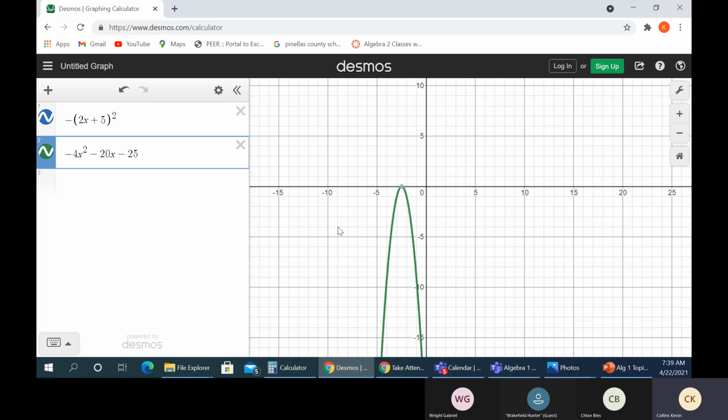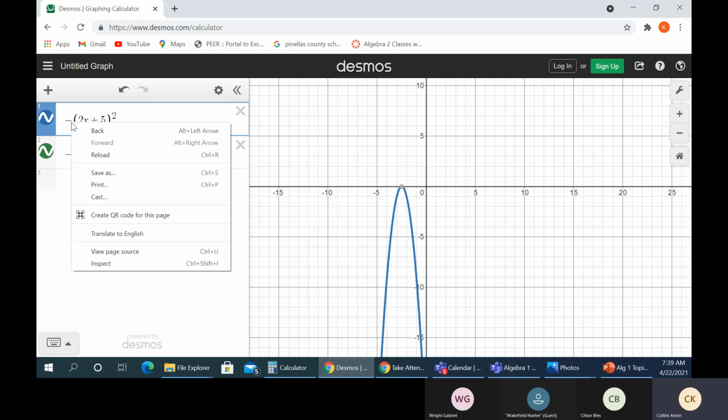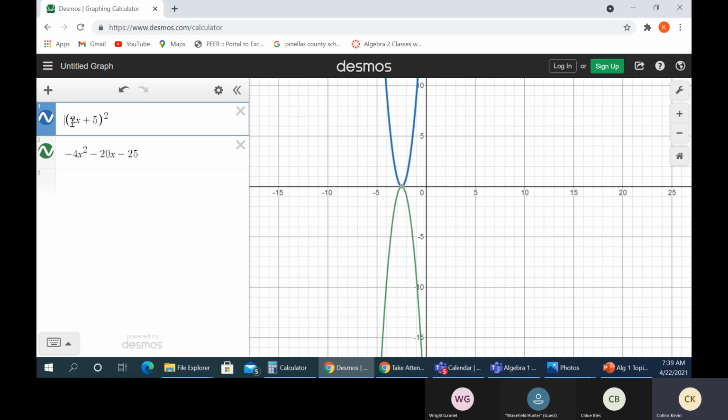Now notice that it's exactly like this one, the reflection. That's just this multiplied out with minuses in front of it all, or you can just leave it like this, put the minus out front, and you're good to go.